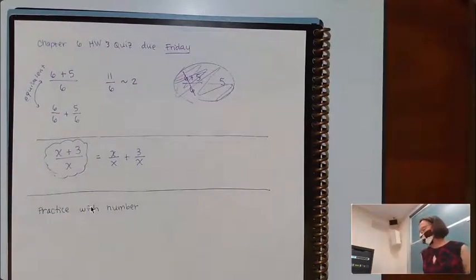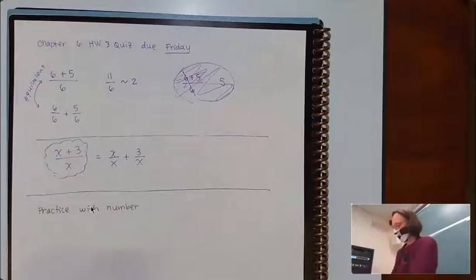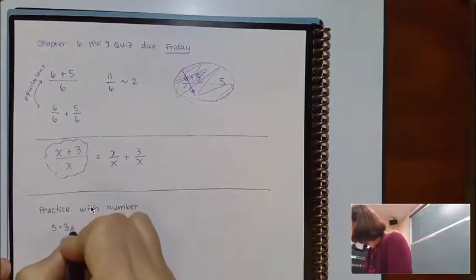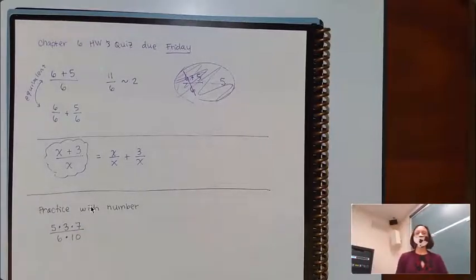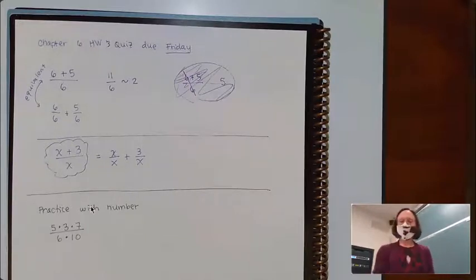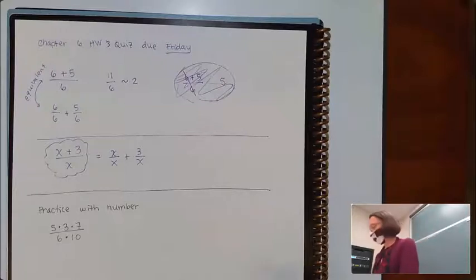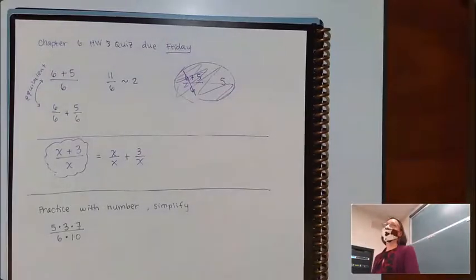So to get some practice with messing with numbers, if I had 5 times 3 times 7 over 6 times 10, and what I was trying to do was to simplify this. And I know simplify is the most terrible instruction that I could give. But in general, if we say simplify, it does mean to reduce to lowest terms.